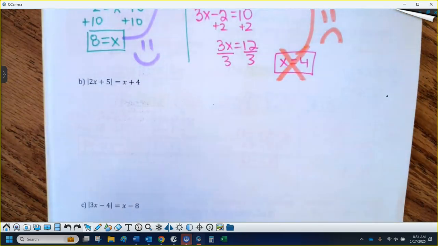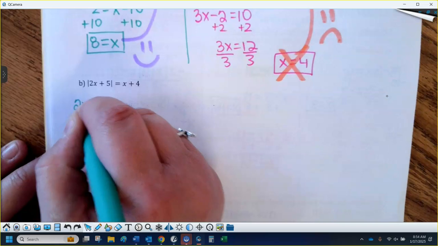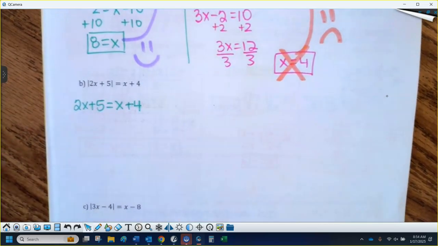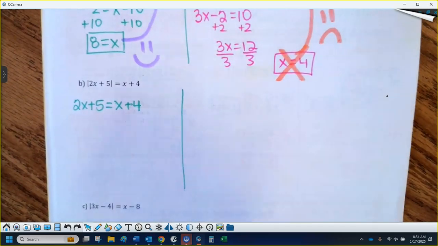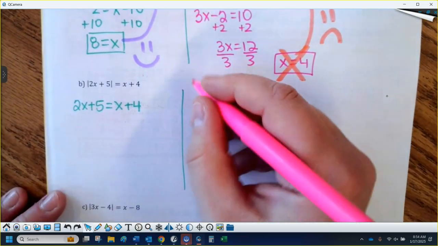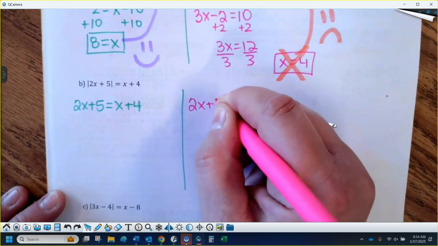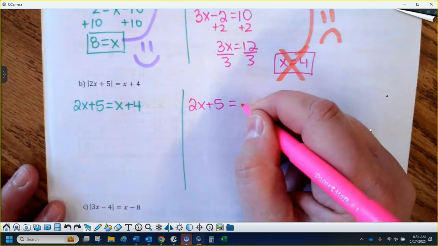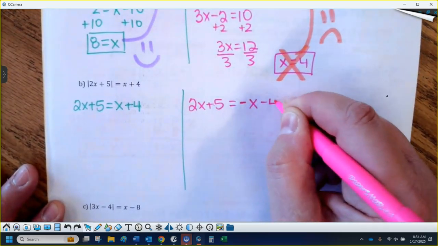So if I do this problem, absolute value by itself, just drop the absolute value and literally just copy the whole thing. Your other option is drop the absolute value, don't change that 2x plus 5, could be equal to the opposite of that expression. The x plus 4 would just turn into negative x minus 4.